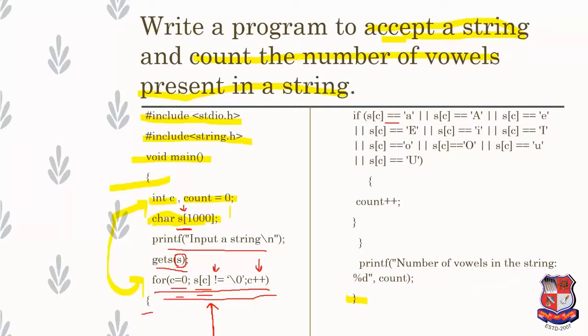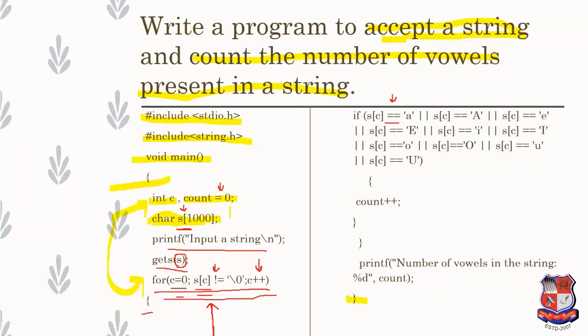When I use a single equal to, it is only used for assigning a value, but when I use a double equal to, it is used for comparison. So it's checking whether s of 0 is equal to a. Capital A and small a both need to be compared, right? If I'm entering a string in capital or small letters, both need to be compared.